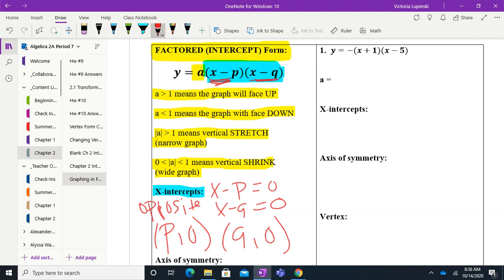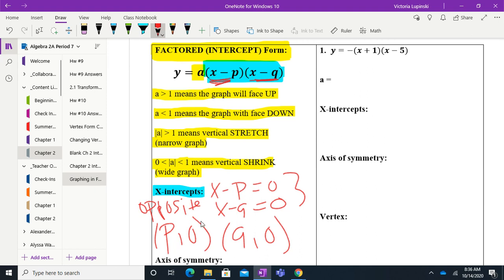If there was addition in the factor, you're going to get a negative answer. So you can set up these equations each time and solve, or if you want a shortcut, just remember that it's always the opposite, and we'll see that as we go through the examples.